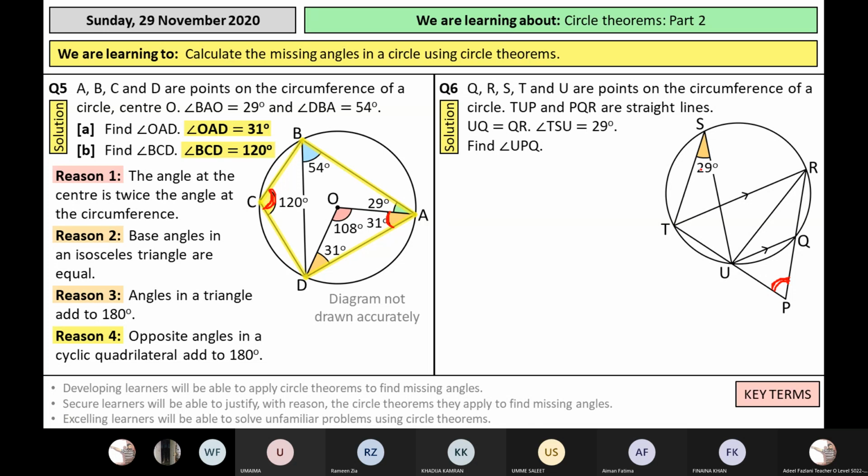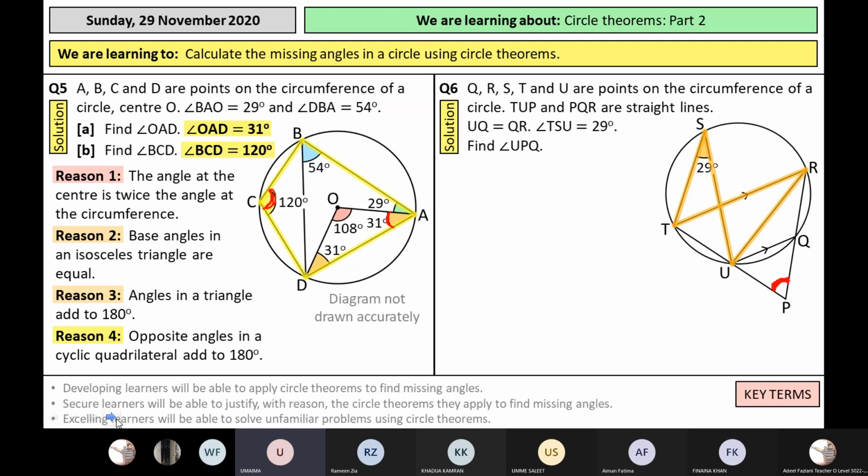So tell me, how do you find this P angle? Come on. Can I reveal the answer? Or are you taking time? Sir, 61.